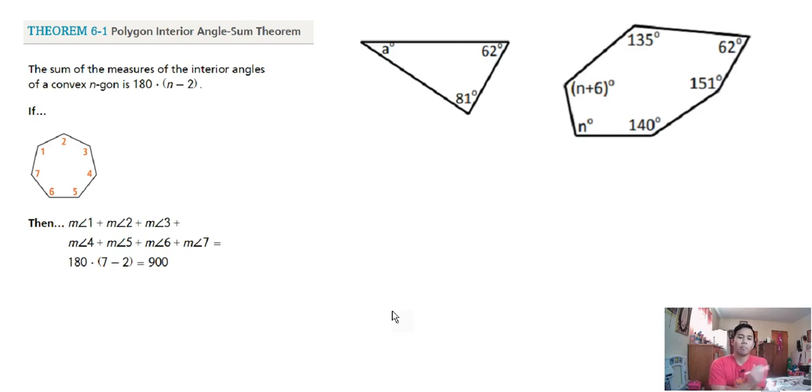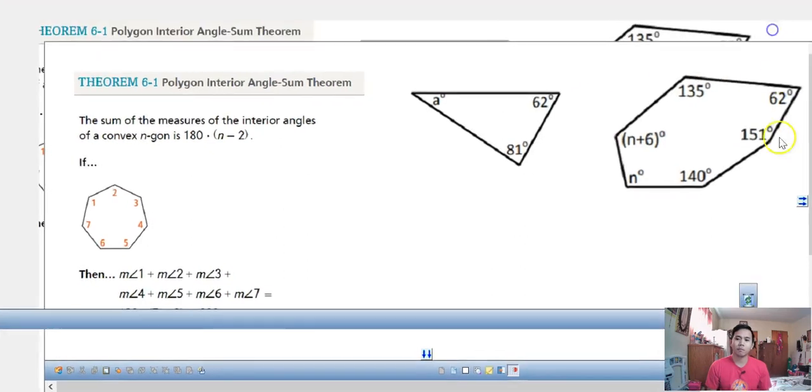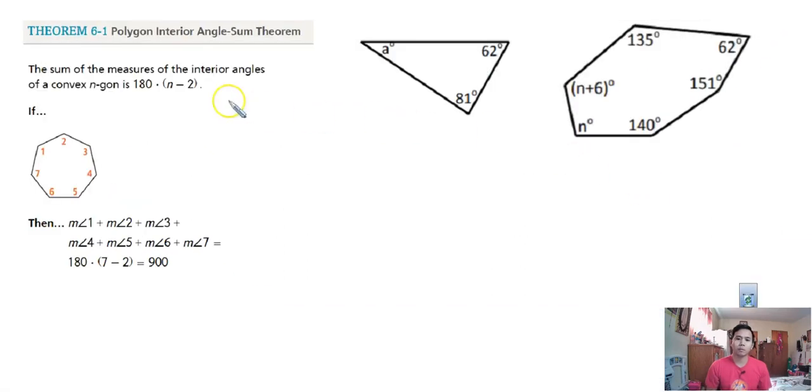I want to emphasize that n represents the number of sides, not the number of triangles in the polygon.